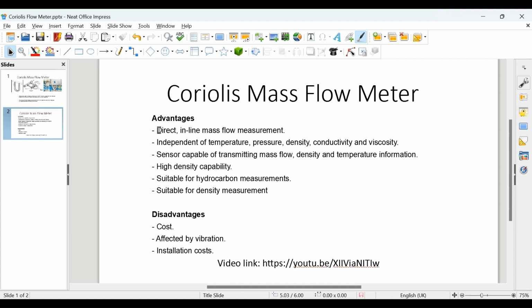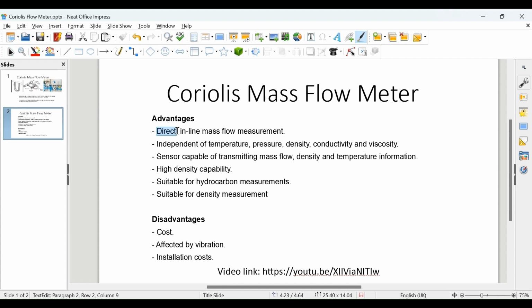I already mentioned that they directly measure the mass flow rate. They're quite independent from the temperature, pressure, and changes in density and conductivity of the gas or liquid.